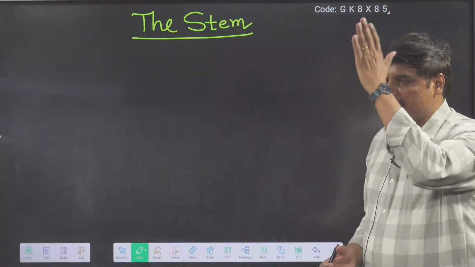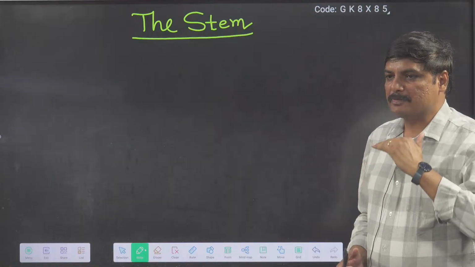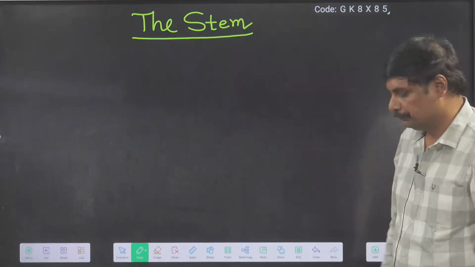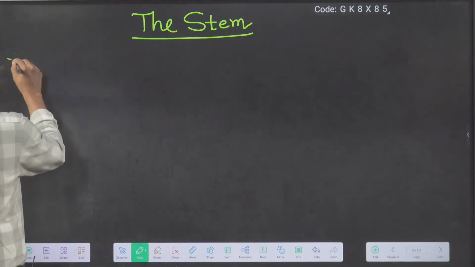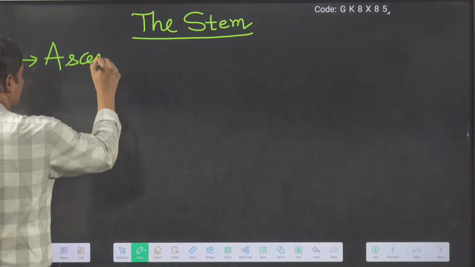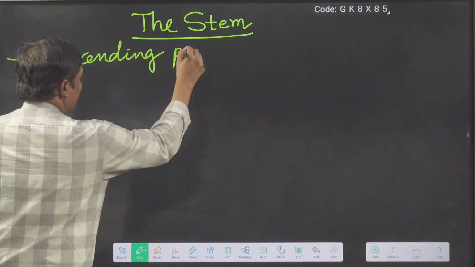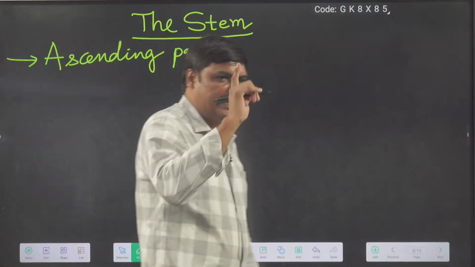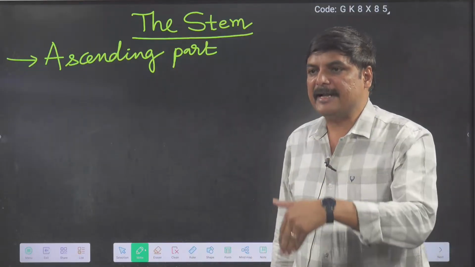The main axis of the plant body that is present above the ground level is called the stem. We can say the stem is the ascending part. Root is the descending part.